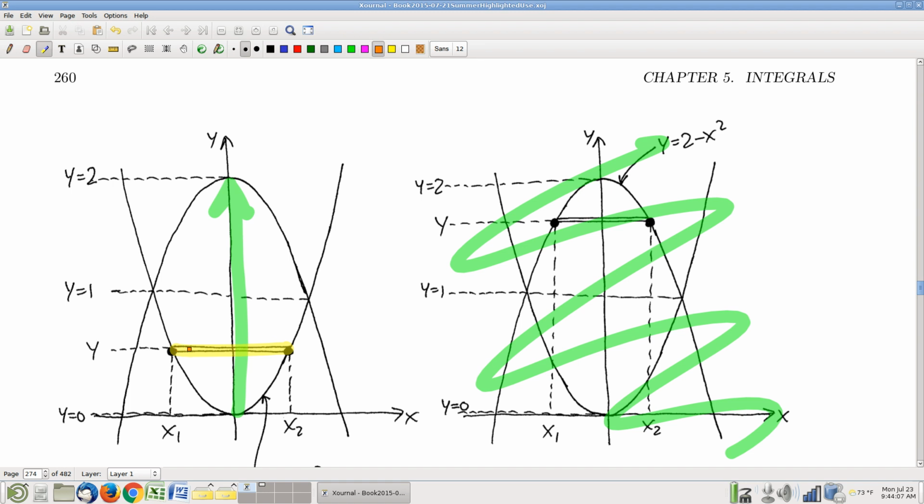Well, this bound comes from that point. That point's on that curve, which has a certain equation. But as I go through this slicing process, if I slice, not down here, if I slice a little higher up, maybe there, then my bound is going to come from that point, which is on that curve.